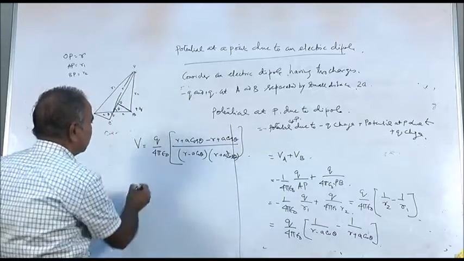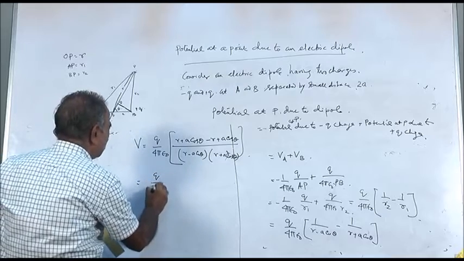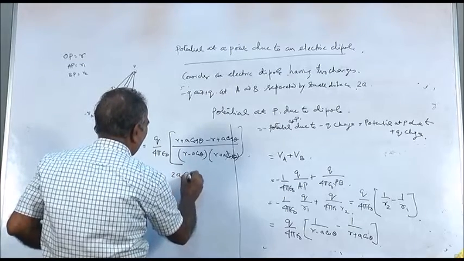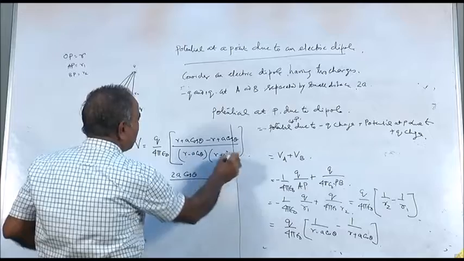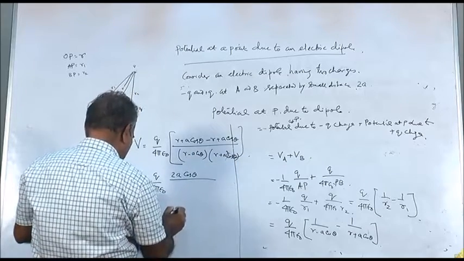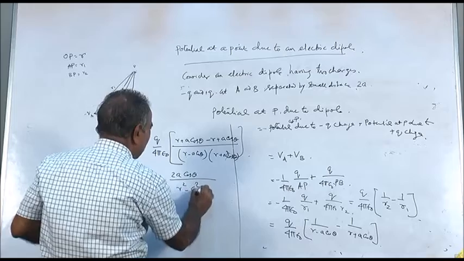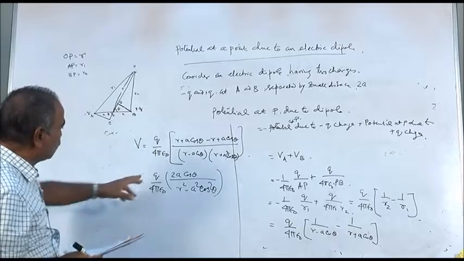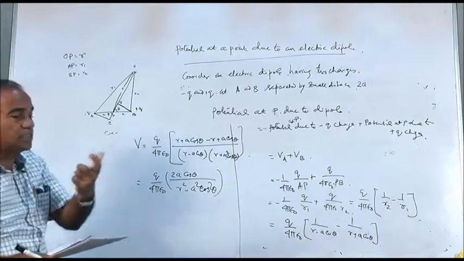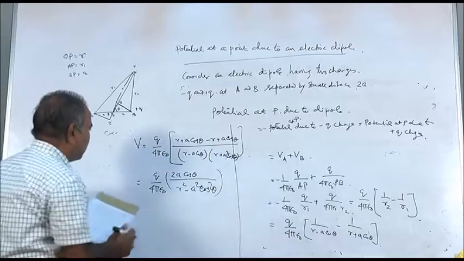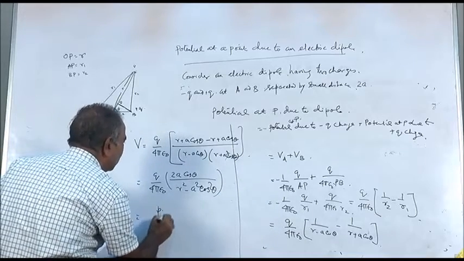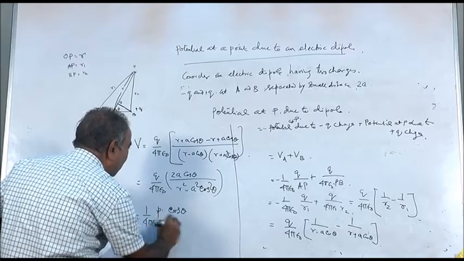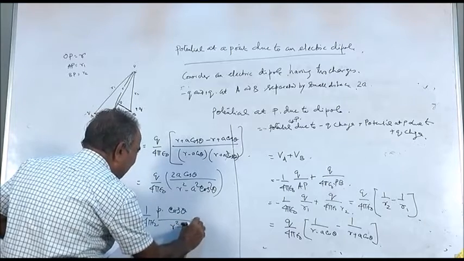R cancels, so that is equal to q by 4 pi epsilon 0 into 2A cos theta divided by (a minus b)(a plus b), which is a square minus b square, so that is r square minus a square cos square theta. And you know q, one of the charges, into the distance between them, 2a, is the dipole moment. So this is equal to p cos theta divided by 4 pi epsilon 0 into r square minus a square cos square theta.